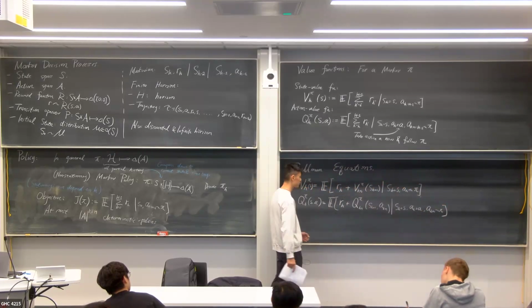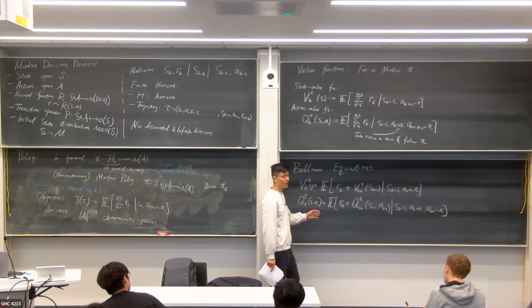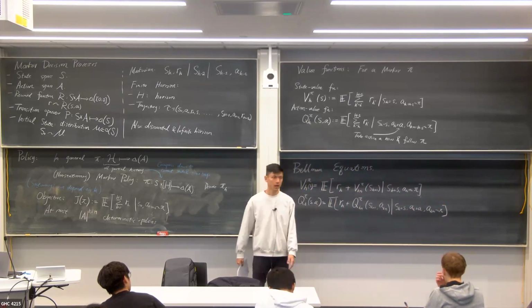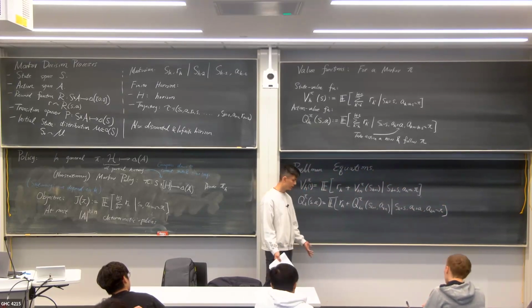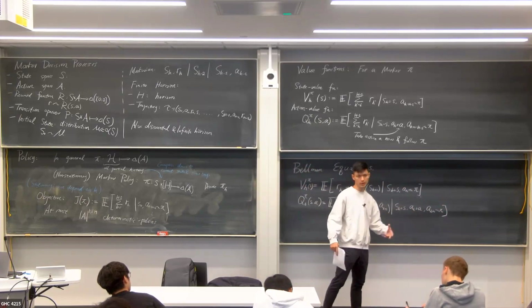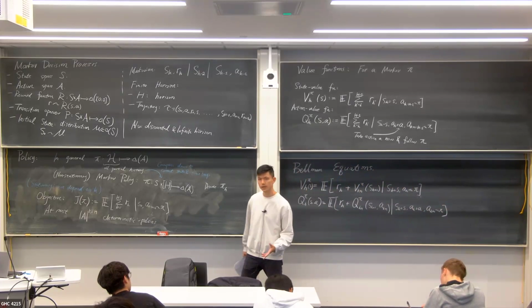Okay, it's the same sort of decomposition, except that I'm committing to take one particular action that may not be suggested by pi. So I want to make sure that I'm doing well today. I'm going to choose some action A. It will immediately generate some reward.